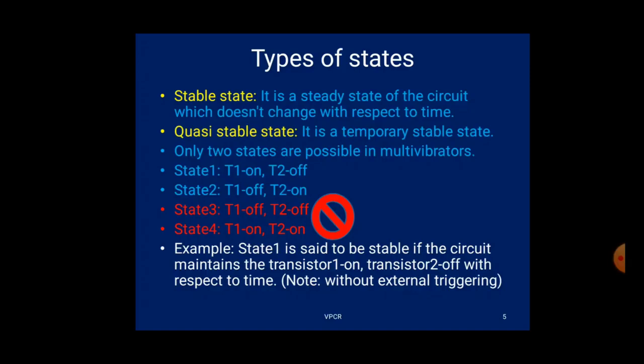Okay, and here let us describe the quasi stable state. It is a temporary stable state, so it is also a stable state but only for a particular time. Let us explain. If you have a circuit generating some output, say 5 volts or 3 volts. Obviously, a multivibrator generates only two levels, either 0 or some positive voltage.